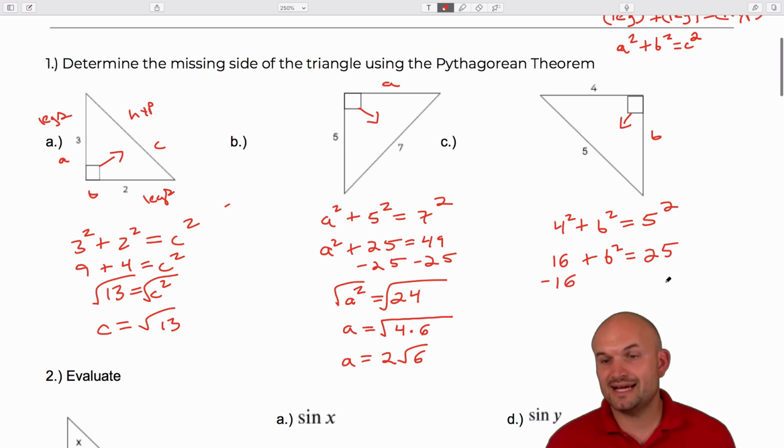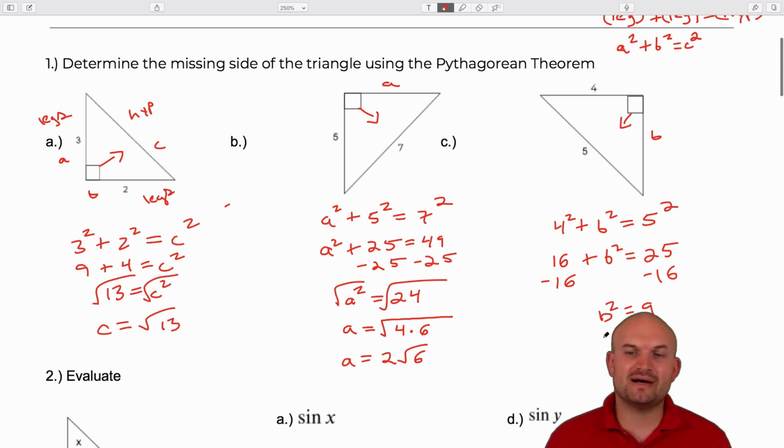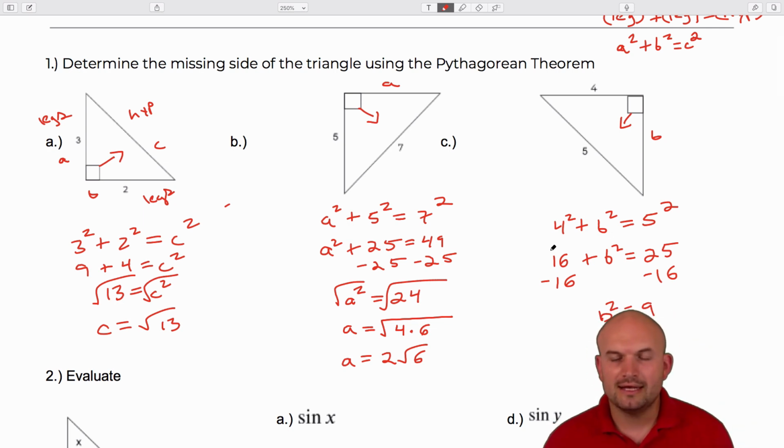Hopefully you recognize this as a Pythagorean triple. What's nice about this Pythagorean triple is that all the side lengths are integers. There are multiple different Pythagorean triples that we'll get into throughout this chapter, but the 3, 4, 5 triangle is one of the more famous and most commonly used.